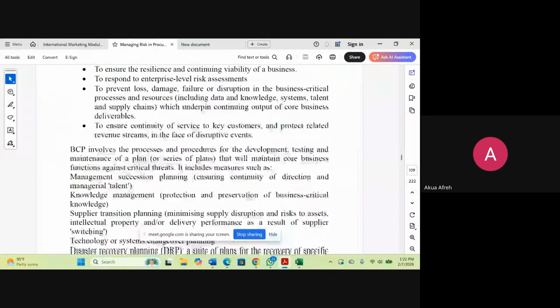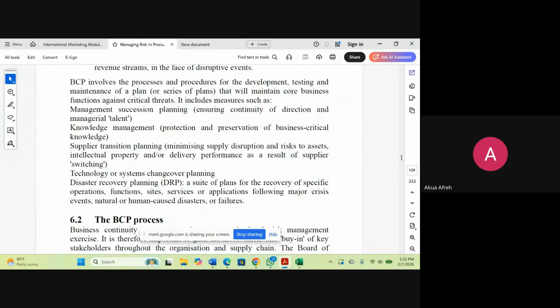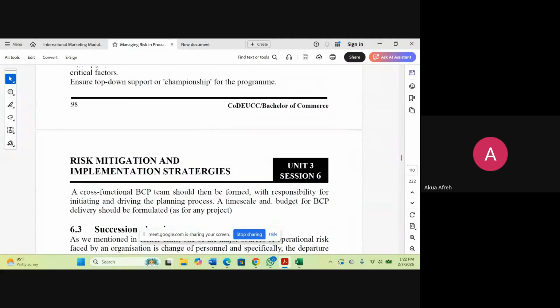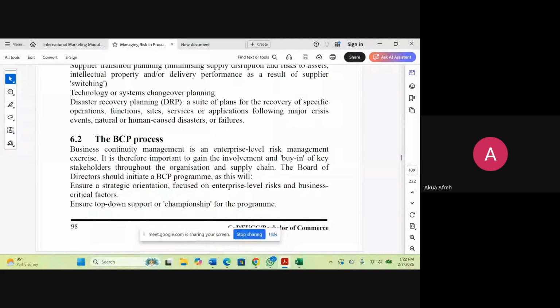One critical thing I want us to talk about is the process. The process of business continuity.